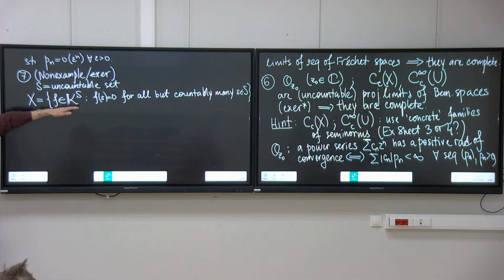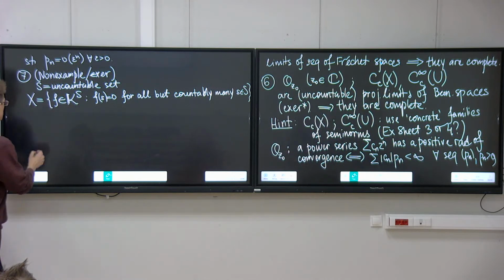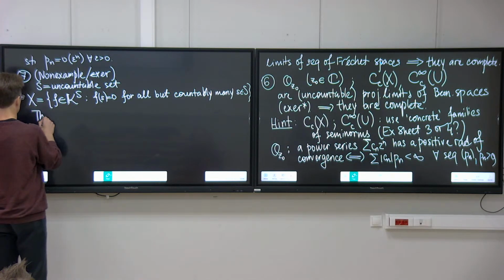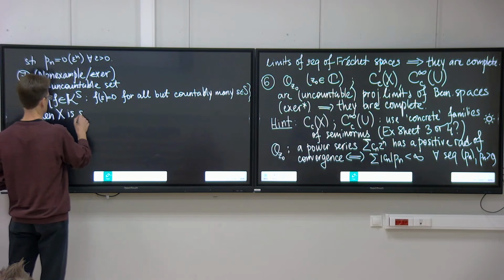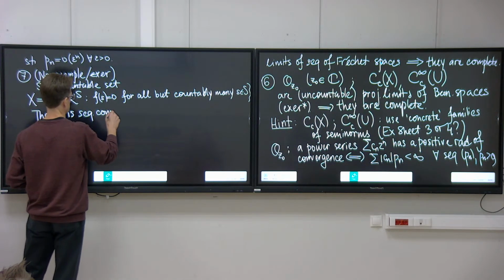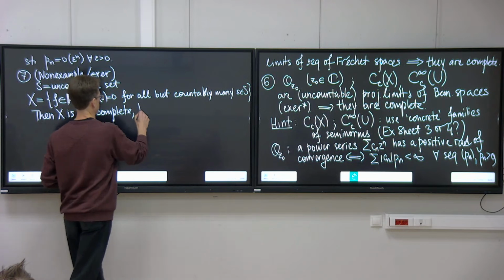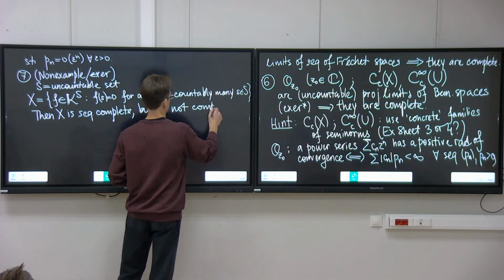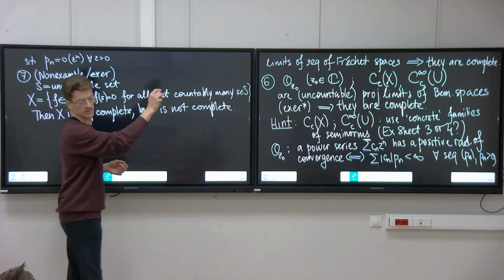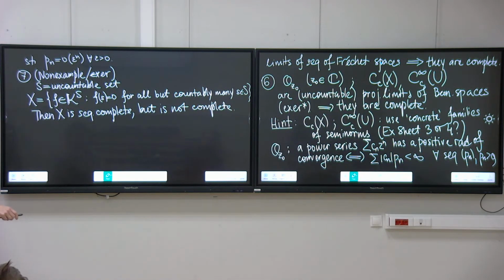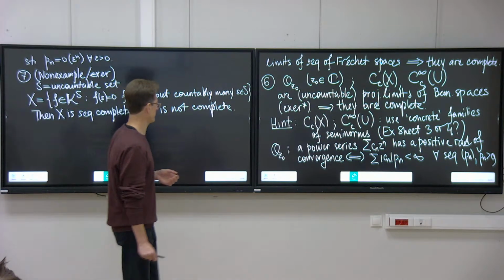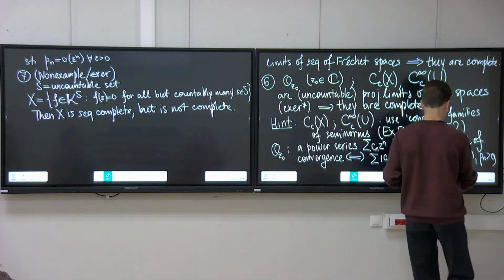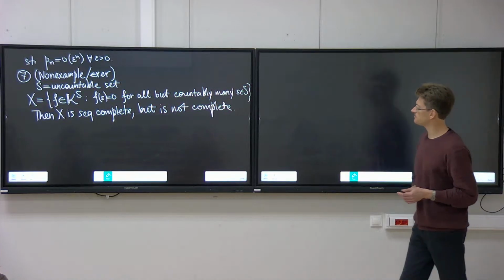This is a subspace in K to the power S. So the exercise is to show that X is sequentially complete, but is not complete. This is very similar to the well-known example of a topological space which is sequentially compact but is not compact.